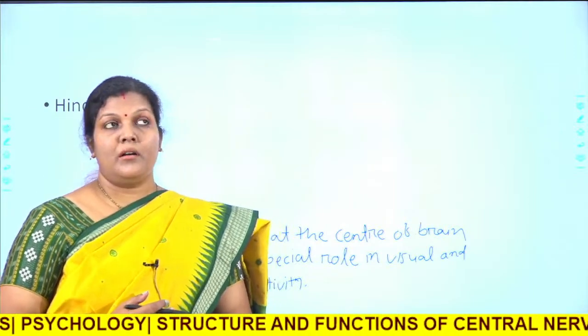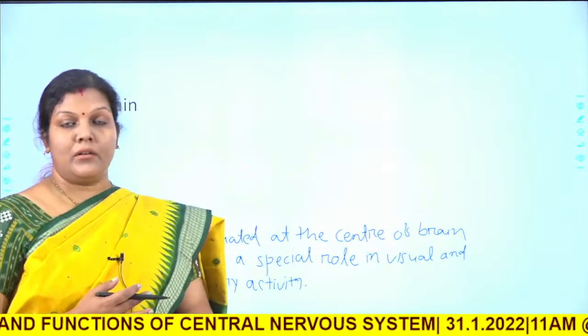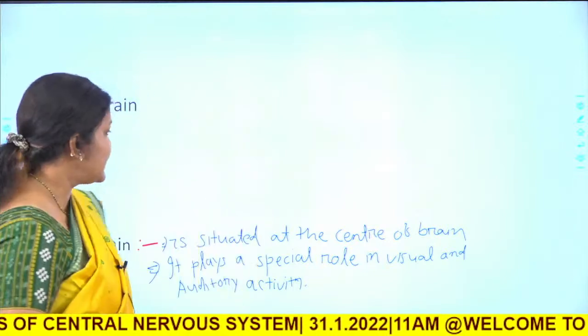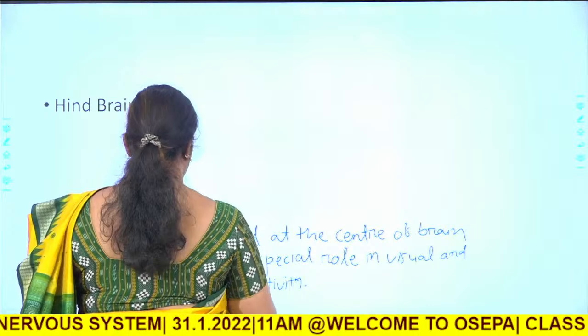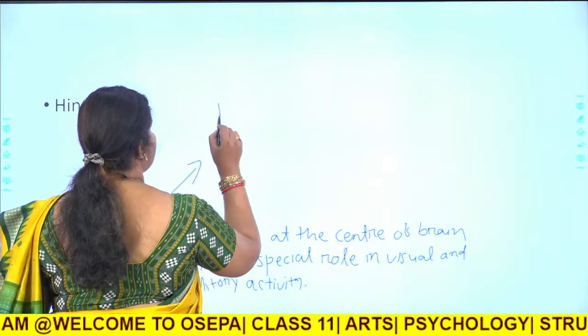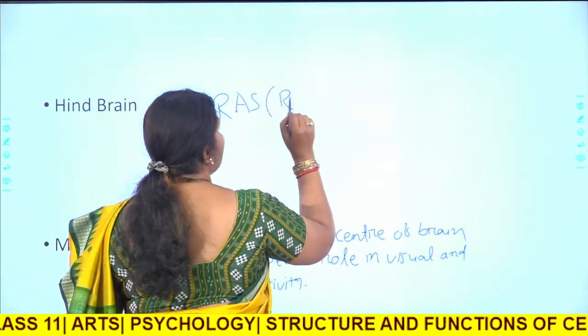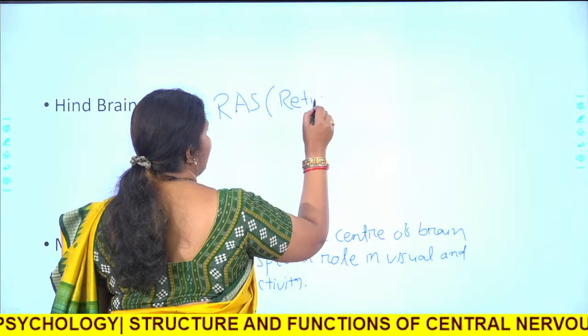One important function of this part, the midbrain, is RAS, that I told. Let us discuss in detail what RAS is. The full form of RAS is reticular activating system.